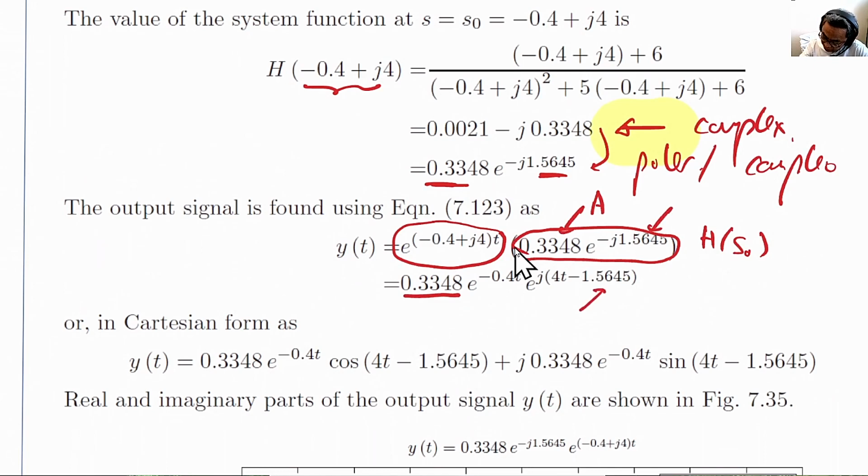The phase shift is moved into the complex exponential term here. e^(-0.4t) is here, which is this expression. And now we have the final answer. y(t) is equal to 0.3348 e^(-0.4t) times the complex exponential with omega equal to 4 and the phase shift equal to -1.5645, which was gotten by this here.